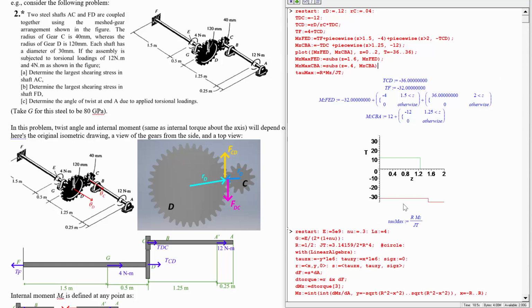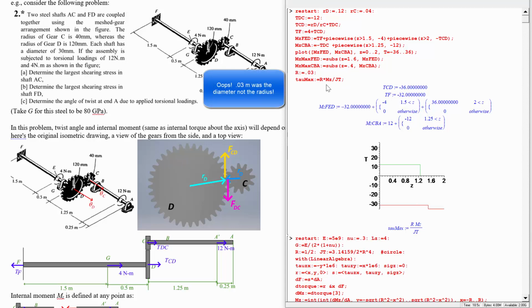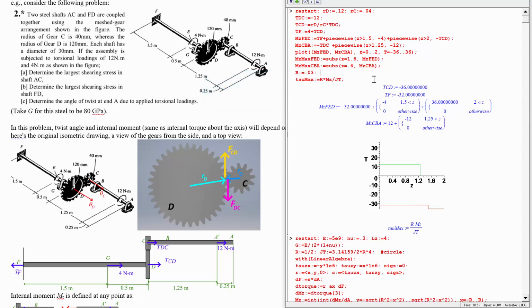So those are where each of these internal moments are a maximum. And then we'll say that the maximum stress comes from the torsion constant on this circular beam with an R equal to 0.03 meters, so 30 millimeters, and that's also going to make the tau max at the external radius. And we'll need to figure out what the torsion constant is for those things.